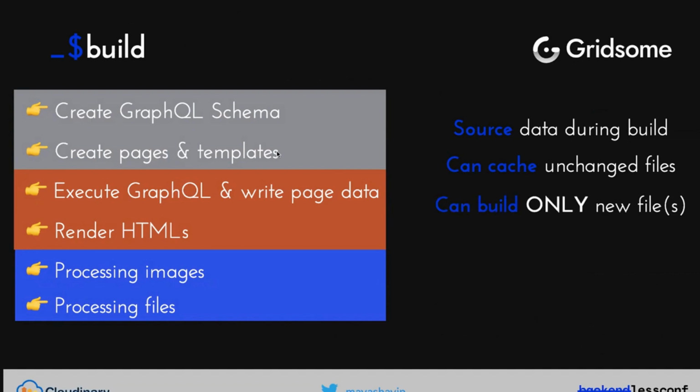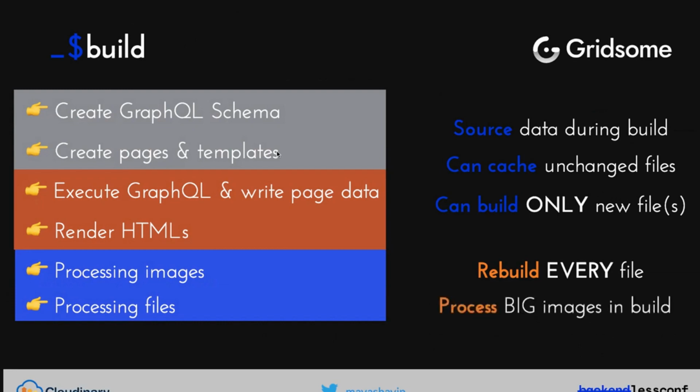But at the moment, there's a very big problem. Unlike other static site generators, it reviews every file. Every time you trigger a build, it goes through the whole process again to review every single file. And it also has to process all the images and videos, whatever resources you have during build time.